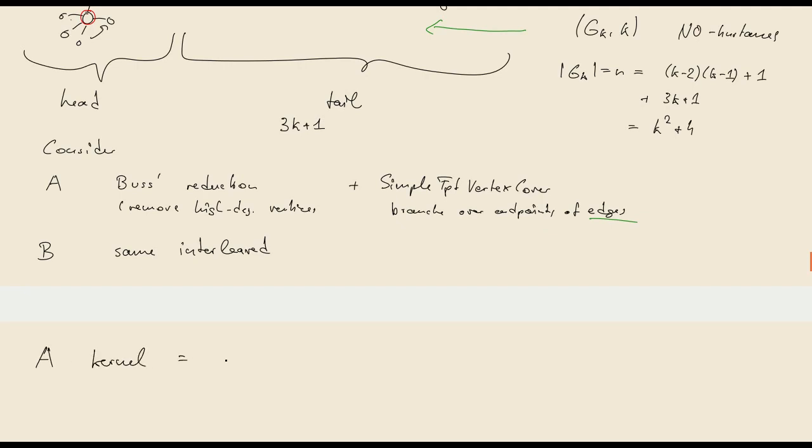So the kernel is just G_k itself. It's not changed. And the second part needs the full 2 to the k search space. And then it finds that there's edges left, so it's a no instance.